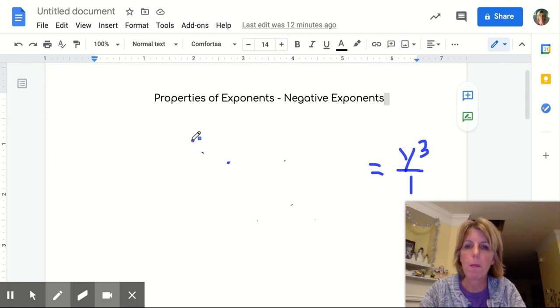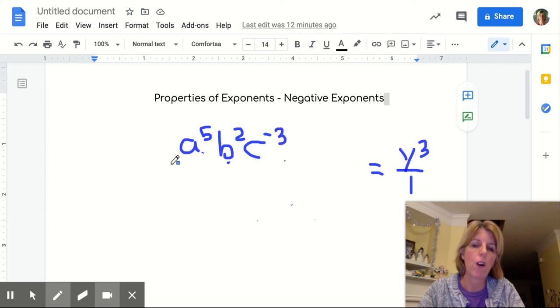What if I do, let's do A, B, C. Put those letters. A to the 5th and B to the, let's say, B squared, C to the, let's say, negative 3. But let's take it one step farther and let's turn it into a division problem.